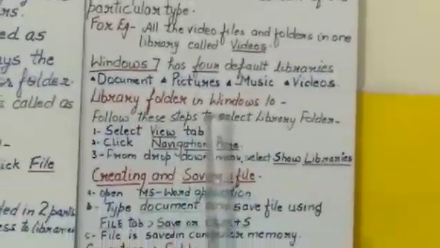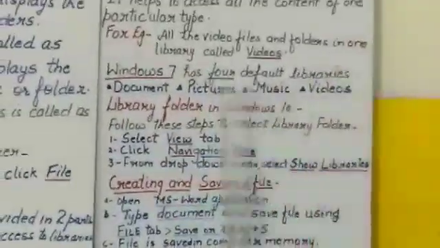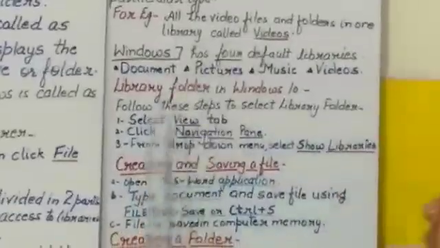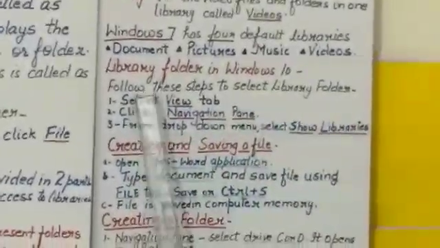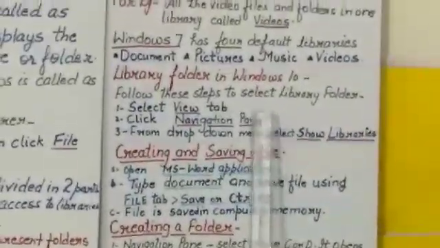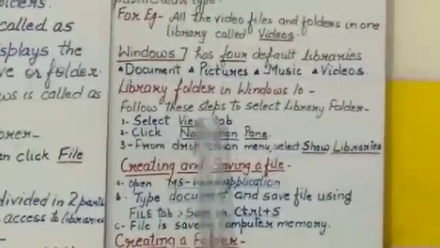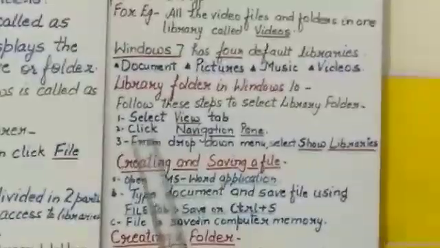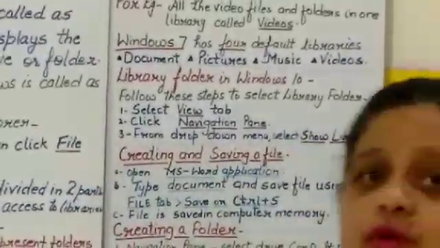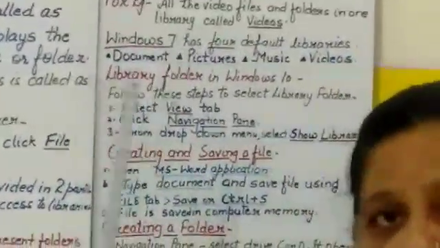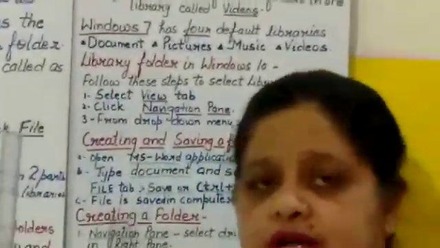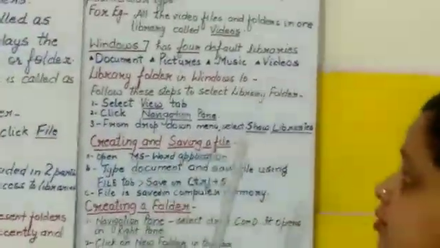Now library folders in Windows 10. This I was telling you about Windows 7. Here in Windows 10, how will you reach the library folder? Follow these steps. Select the View tab. Click Navigation pane. Now where is the View tab? The View tab is at the top of the screen where you have the tabs File, Home, View.